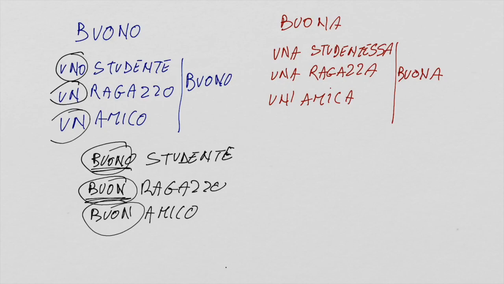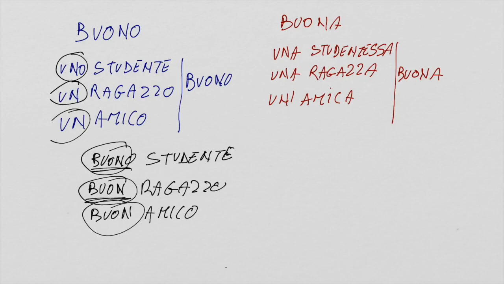So you see the pattern is similar to the indefinite article pattern. You use uno and you use buono in front of S plus consonant, Z, and PS. You use un in front of all the other consonants and vowels.